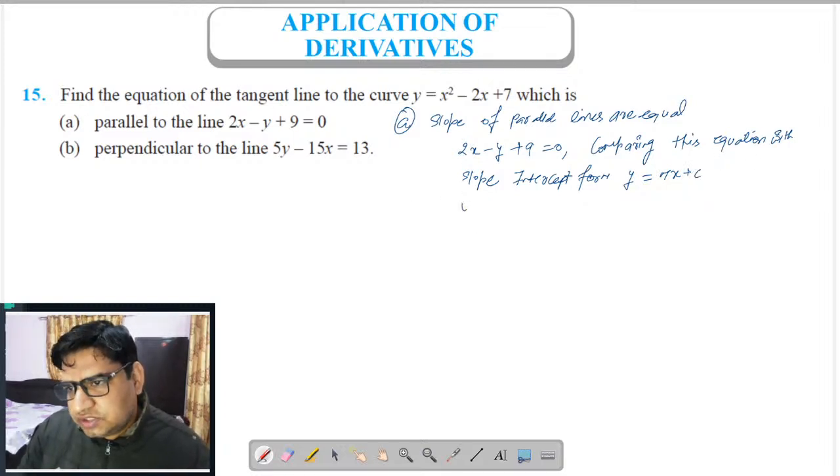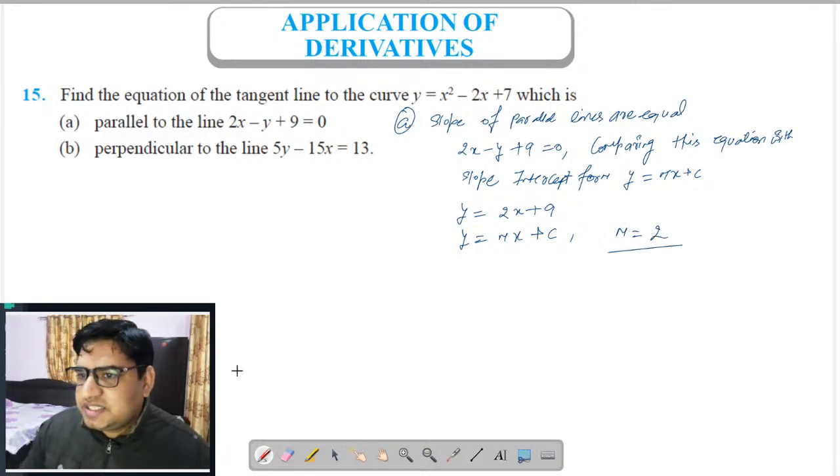So here we have y is equal to 2x plus 9, and here we have y is equal to mx plus c. So clearly m is equal to 2. Okay, so m is equal to 2.